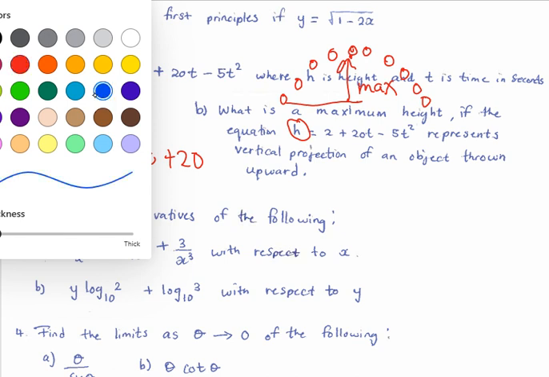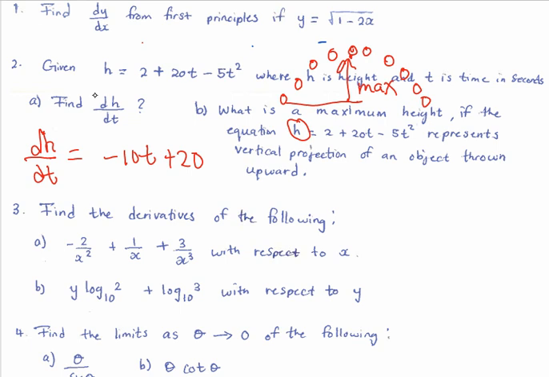What we know about the maximum height is that if you draw a tangent here, it's going to be a horizontal tangent at this point, which means the change of h with time here is 0. For turning points, if you draw a tangent, we have a horizontal tangent, which means the derivative of the function is equal to 0.